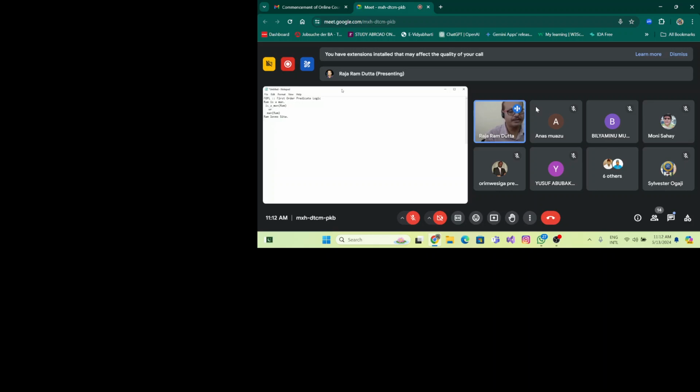It can be written in predicate logic as loves(Ram, Sita). So predicate logic has a syntax. Examples: Ram is a man is written as man(Ram), and Ram loves Sita is written as loves(Ram, Sita).